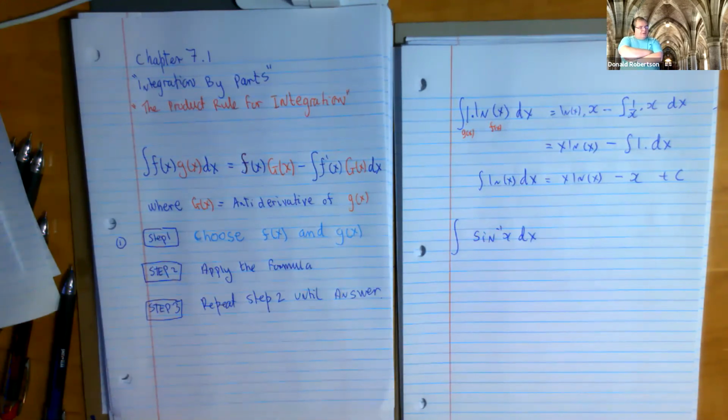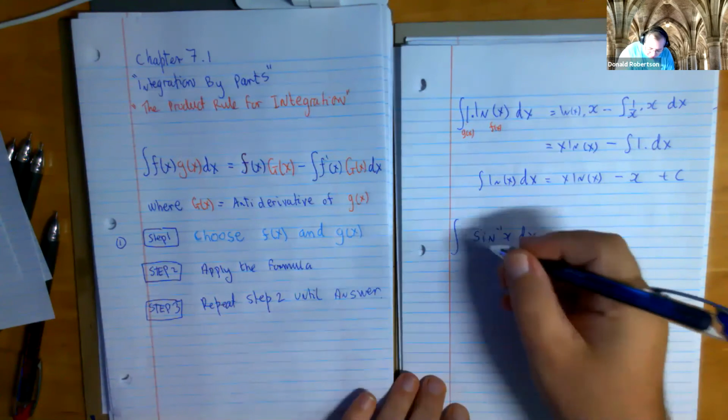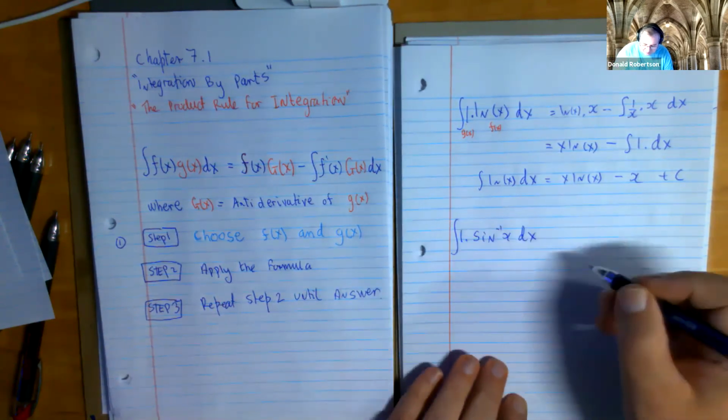I'm now going to find the integral of the inverse sine of x. And no, the answer is not 1 over the square root of 1 minus x squared. That's what the derivative of the inverse sine x is. But it's the antiderivative, right? It's the integral. We don't know. You know I'm going to call it 1 times again, aren't I? That's how you do all single functions that you don't know. 1 times.